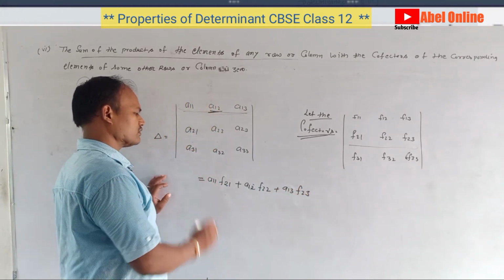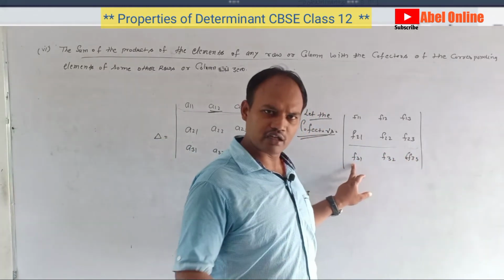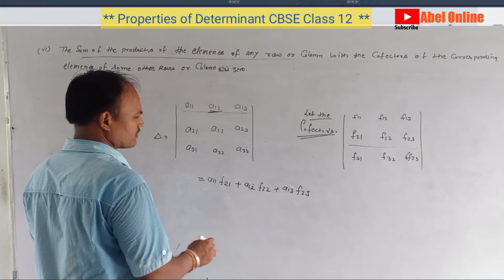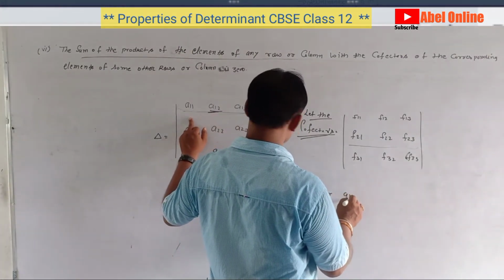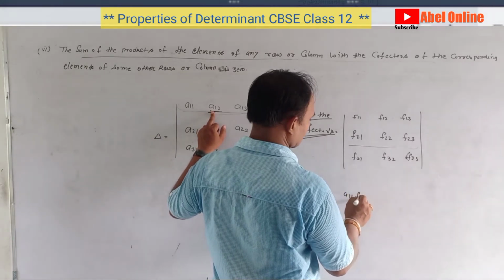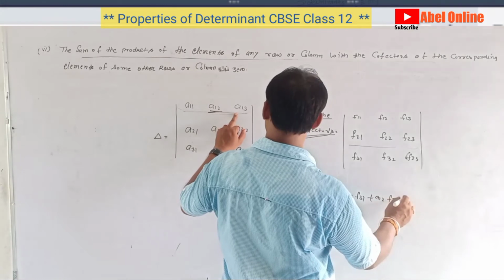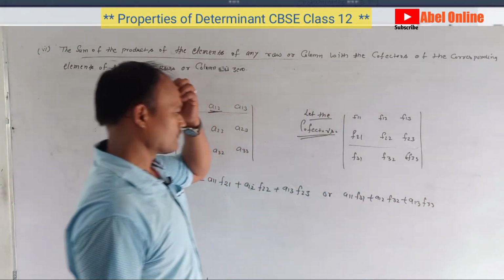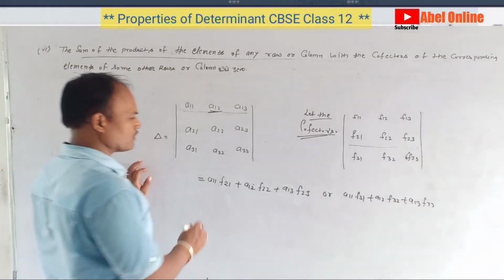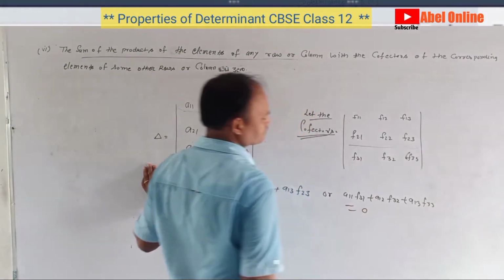You may ask, sir, why are you taking this row? You can also take the other one: a11 with f31, a12 with f32, a13 with f33. The value of this is also 0, and this is also 0.